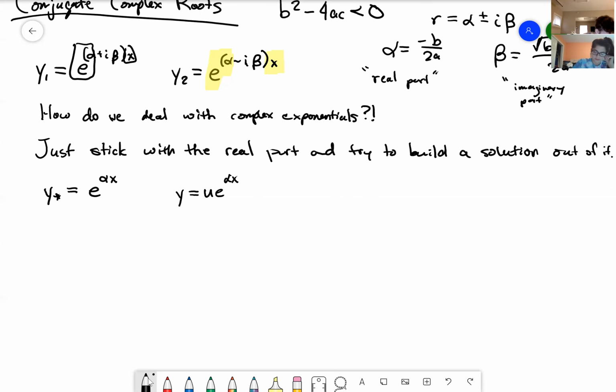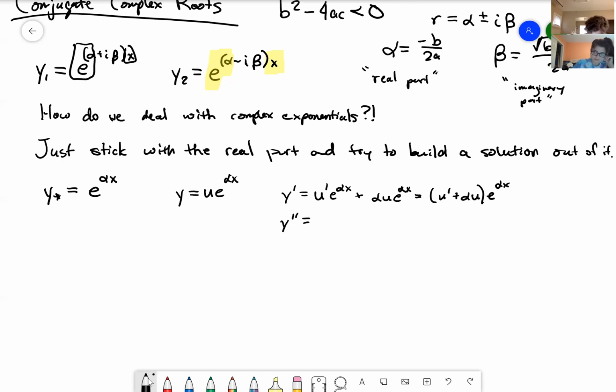And if we work out what we're going to get, we will get y prime is equal to, well, we've done this many times before, but this will be u prime e to the alpha x plus alpha u e to the alpha x, which is u prime plus alpha u times e to the alpha x.